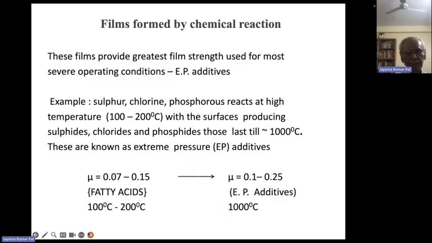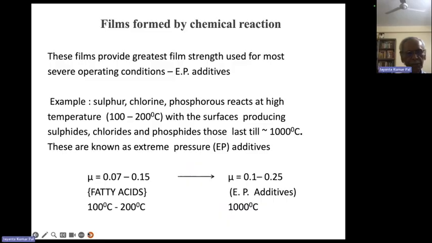EP means extreme pressure additives. In fact, it is extreme temperature additive, because with a high pressure, high temperature is generated, and the films are required to last for higher temperature.